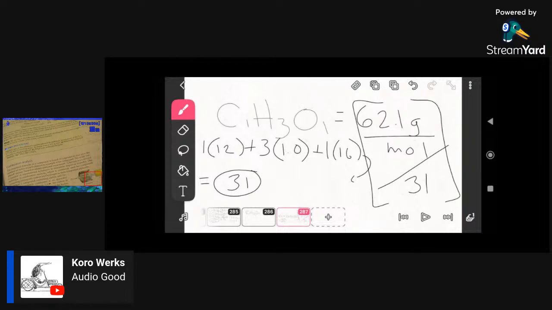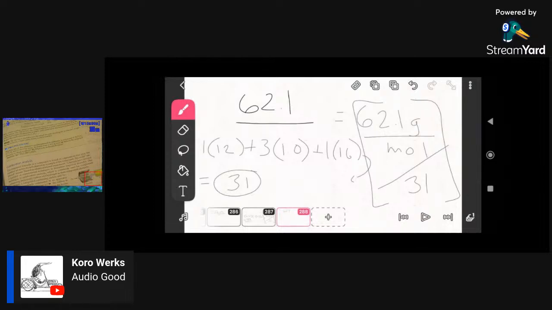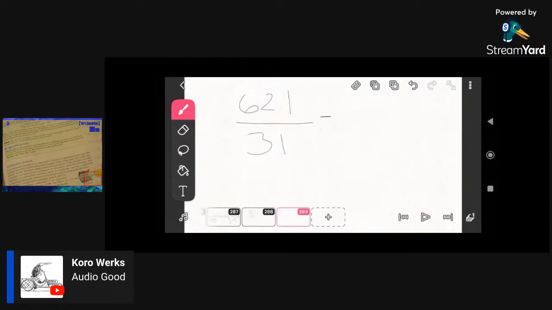So what does that look like? It's going to look like 62.1 divided by 31. All right, and then that's going to equal a number, which is what, 2? Because 31 times 2 is 62. See that? So this 2 right there is really important.